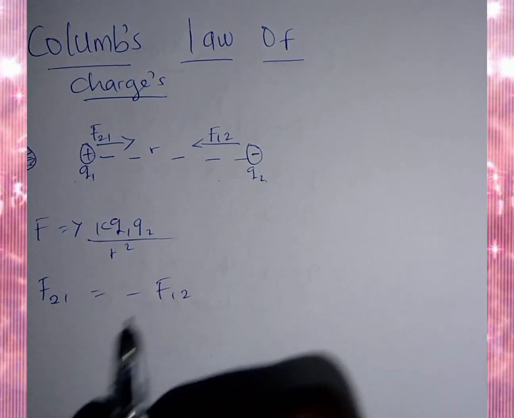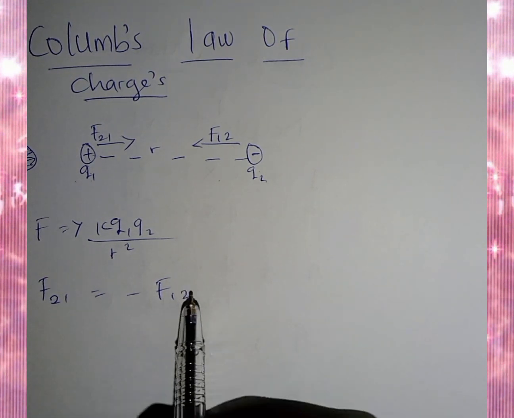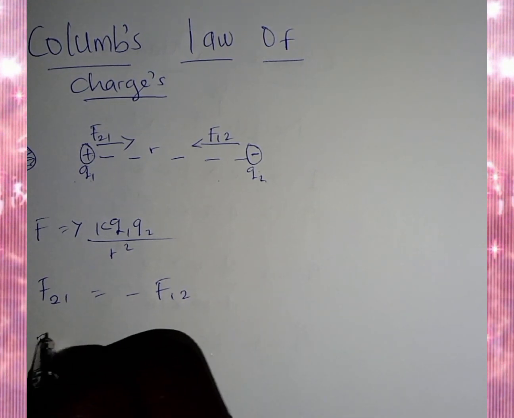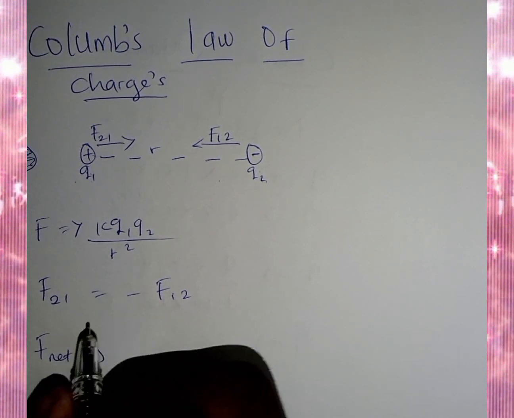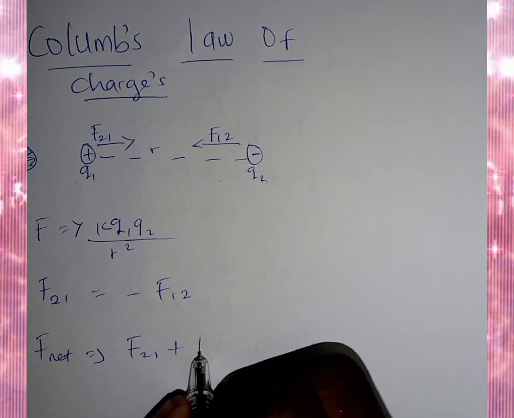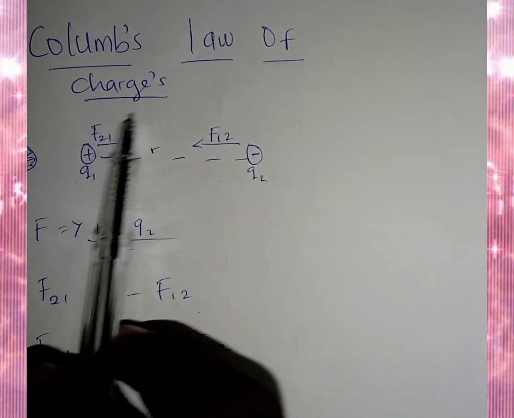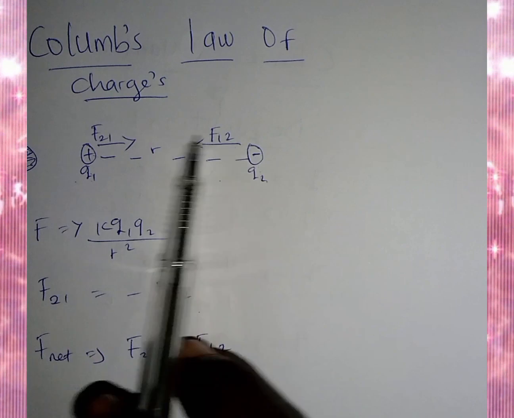Therefore we can calculate the net force. The F net can now be F21 plus F12. This is the net force. So this is the formula for F net, the net force of attraction occurring here.